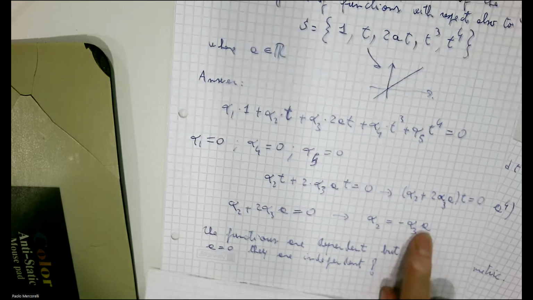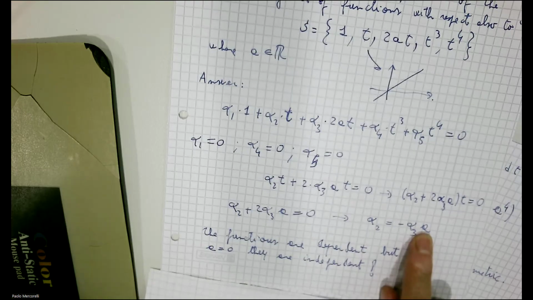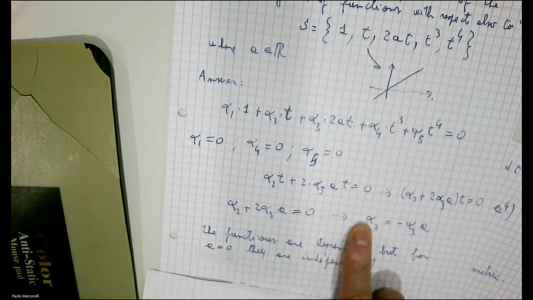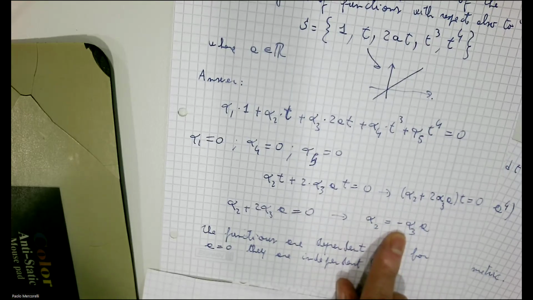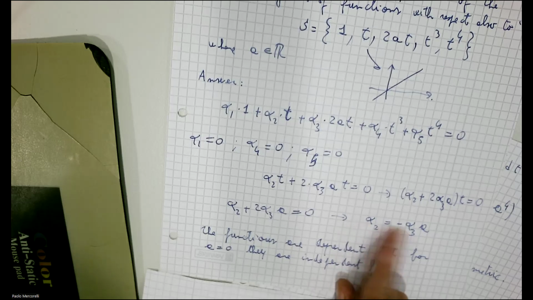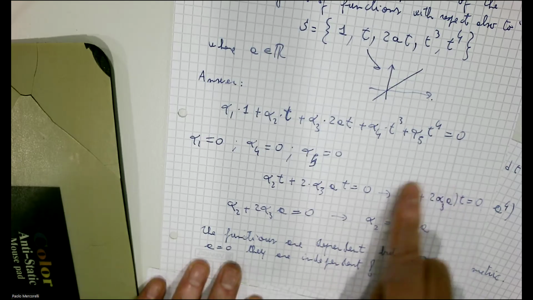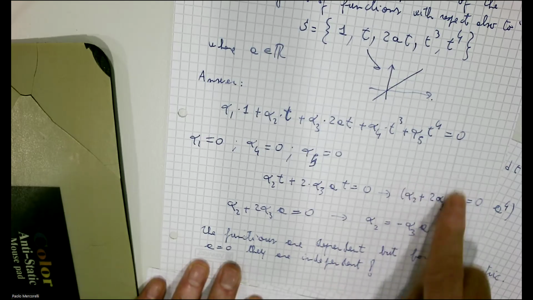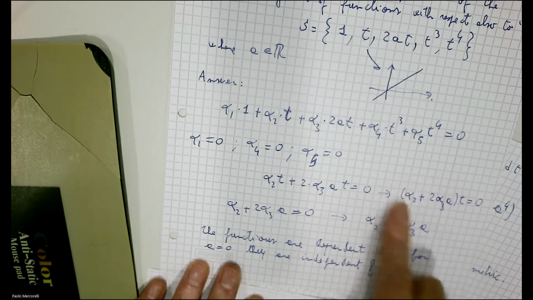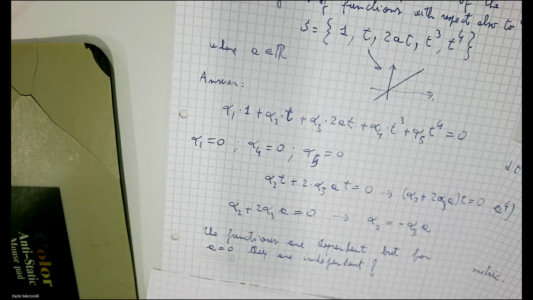You say if A is equal minus alpha 2 divided 3, we have this element 0. Look at this. No? But for each alpha 2 and alpha 3, did you agree? Please pay attention to what I am saying.